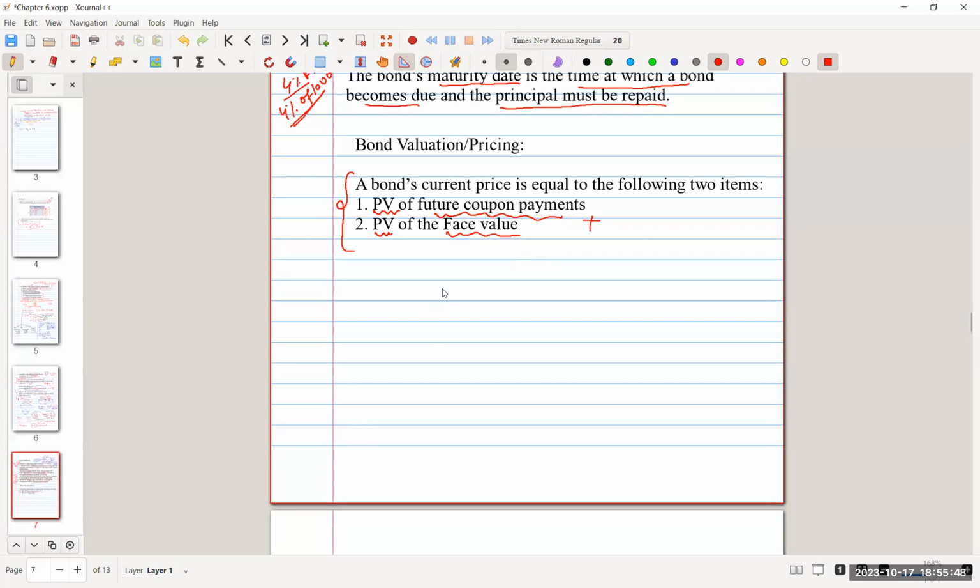So if you want to have a visual of how a bond lives its life cycle, let's just imagine a 5-year bond, maybe. Right. So here's the timeline: time 0, time 1, time 2, time 3, time 4, time 5.